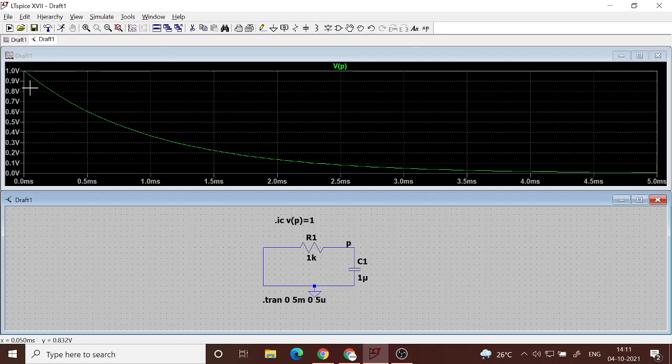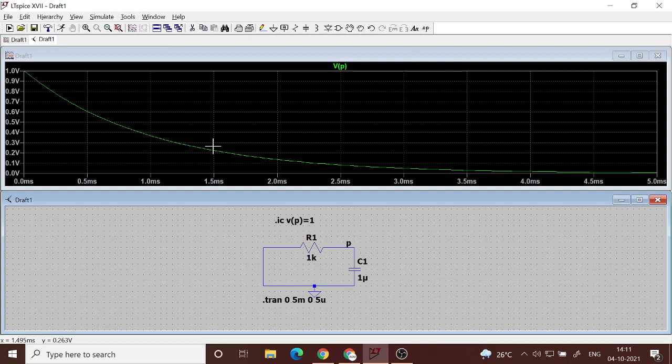That is the voltage I am assuming to be present across the capacitor, because there is a charge stored in the capacitor, and at time t equal to 0 we have this voltage, and then with respect to time, how that voltage is going to change. Okay, that is the simulation. So this is basically the zero input response, because we are not given any input, but we are getting some output, some response. So you see that it decays.